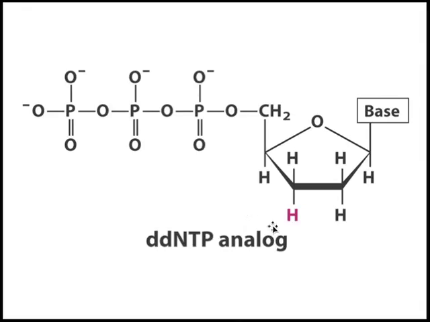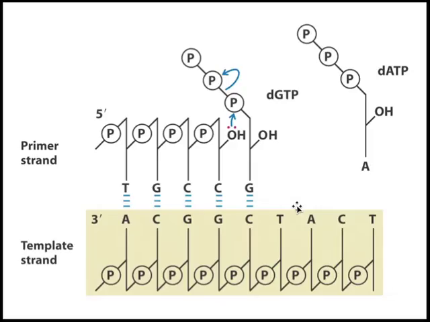Now, if you were to have what is referred to as a ddNTP analog, and that is a dideoxy nucleotide triphosphate analog, the key identity here is that it's lacking a 3' hydroxyl. So if this were introduced into your synthesis mixture and you were to have this come in, then it would get added because if the previous nucleotide had a 3' hydroxyl, there would be a 3' hydroxyl to perform the reaction.